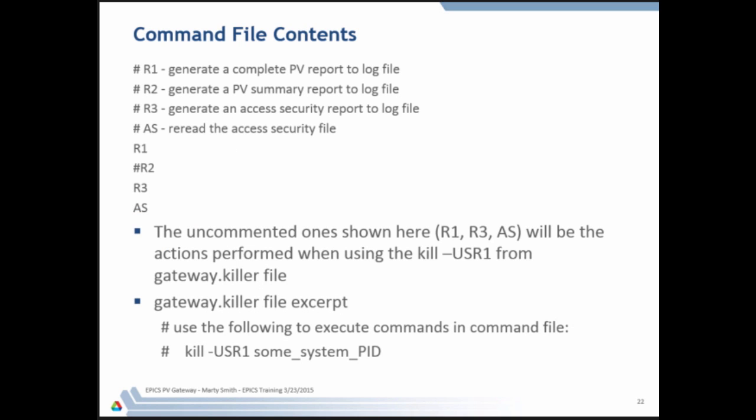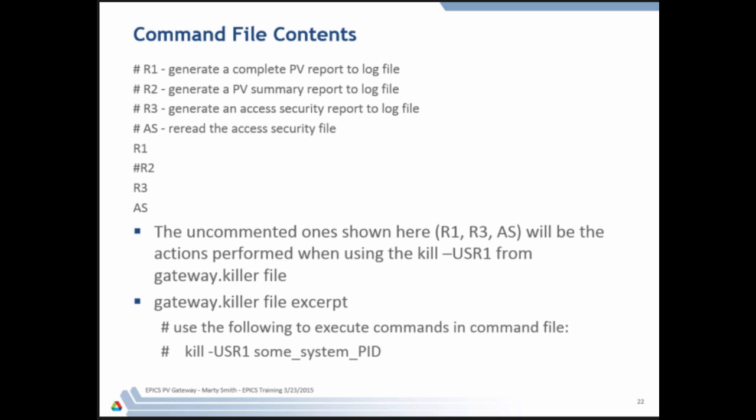So I mentioned this command file, and this is basically all that's in it. You just put a comment in front of the ones that you don't want it to do. So in this case, I would run report 1, report 3, and reload the access security file.